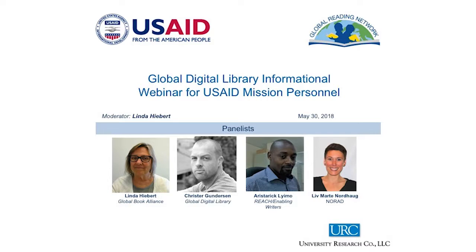I'm going to give you a bit of an overview of what the GBA, the Global Book Alliance, is, which is an umbrella to what the Global Digital Library is also doing.